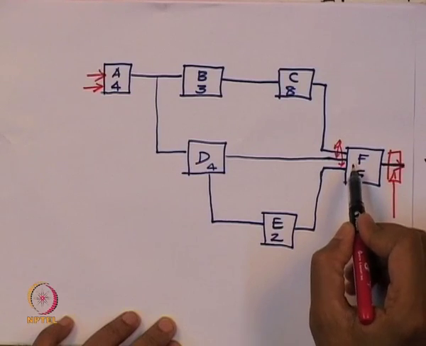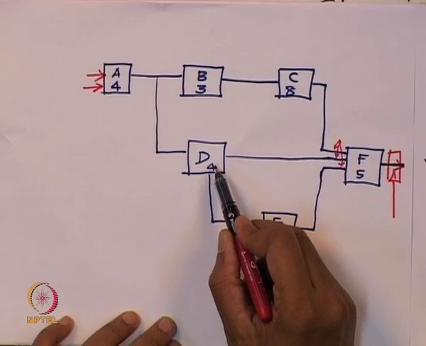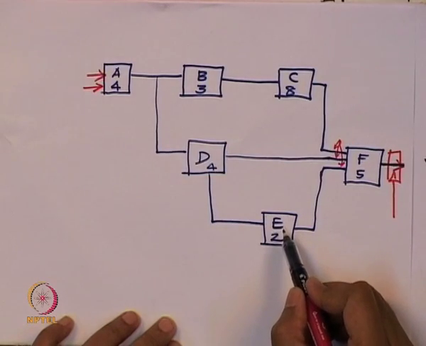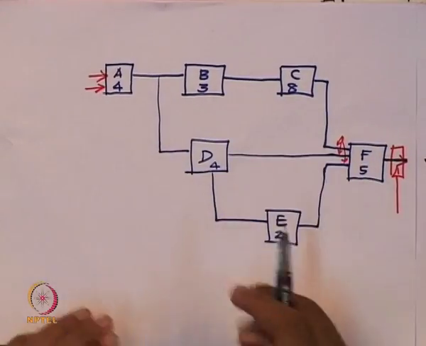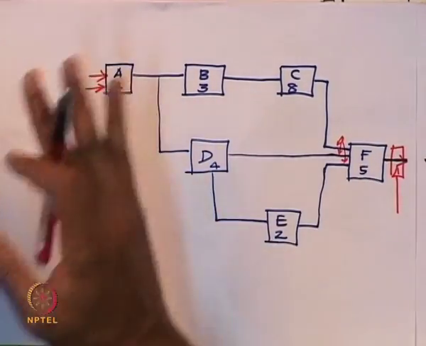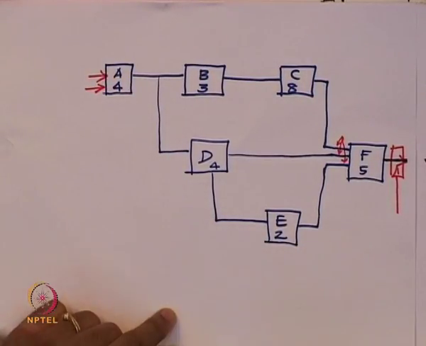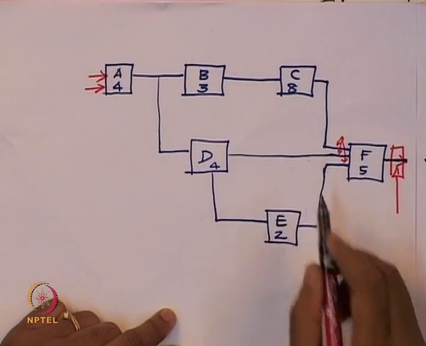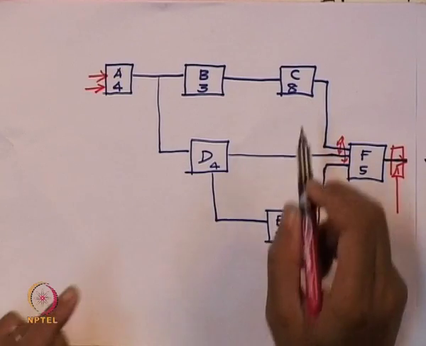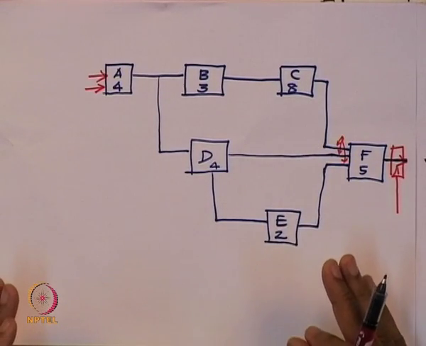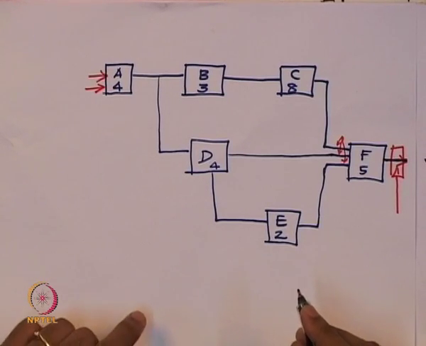Let us look at what is feeding F. F is being fed by C, by D and by E. Let us assume that A is a circuit which cannot be subdivided further, B is another circuit that cannot be subdivided further, and so on for now. C also cannot be subdivided further, and C has the largest delay, 8 nanoseconds of time.